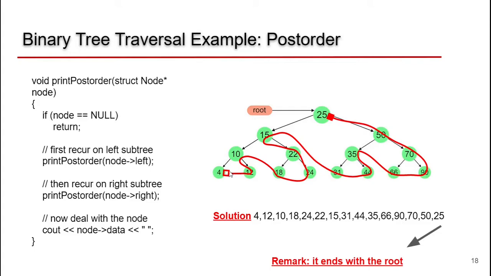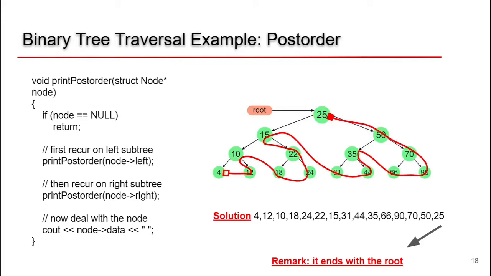So just to solve it quickly, you should start by the first leaf on the left and end with the root, and you should follow the route like this, like a maze. Okay. So this is about post order.